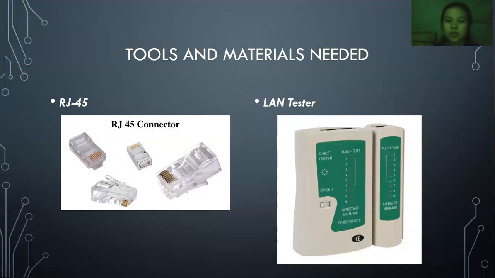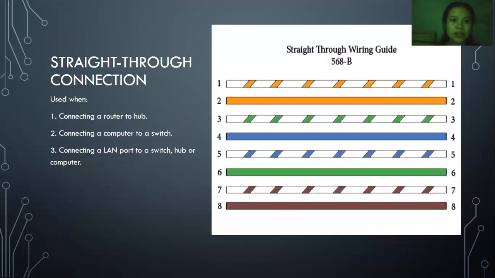So LAN tester will be used to test whether your LAN connection is worthy. A straight-through connection is used when connecting a router to a hub, connecting a computer to a switch, or connecting a LAN port to a switch, hub, or computer.